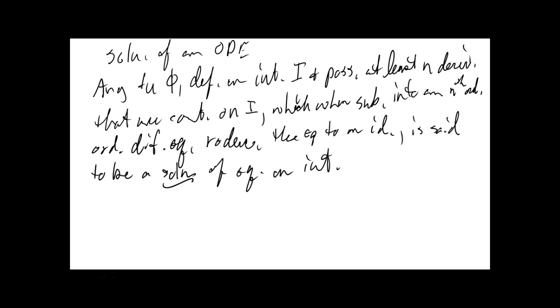Which, when that function is substituted into that nth order ODE, reduces the equation to an identity, like we'll see in an example, is said to be a solution of that equation on that interval.